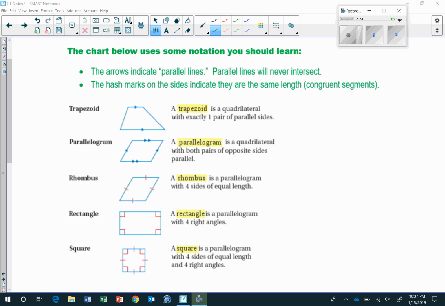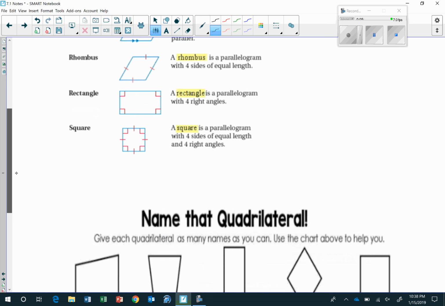So if you look at your trapezoid, we said it has one pair of parallel sides. We have one set of arrows. A parallelogram has both pairs of opposite sides being parallel. So what we're saying for the parallelogram is the left and the right are parallel, and the top and the bottom are parallel. Rhombus, all sides are the same, so you see you've got those tick marks. Rectangle and square have right angles.